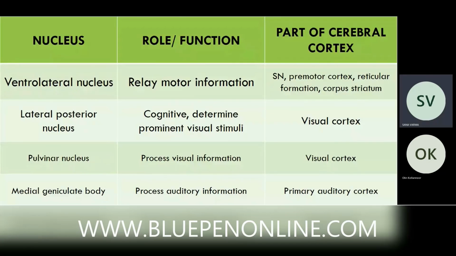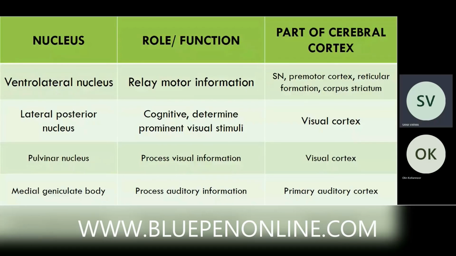So it helps to determine what type of visual stimulation the person is perceiving at the moment. That information will be given to the visual cortex, and the visual cortex will process the information accordingly.